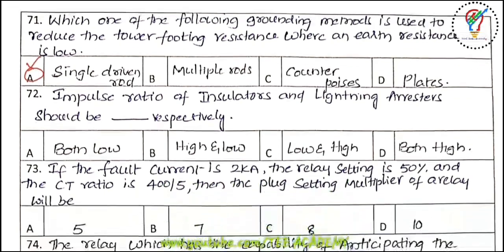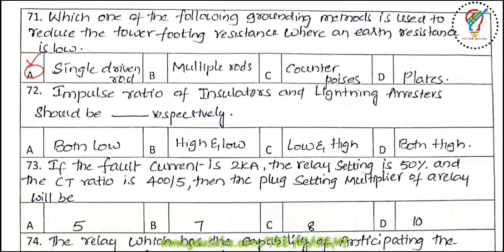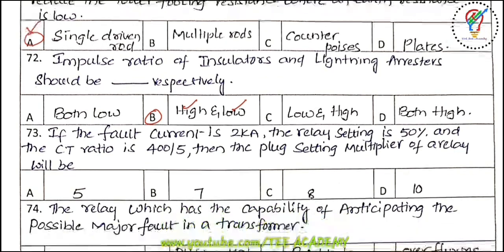Next one, the impulse ratio of insulators and lightning arresters should be, respectively. The impulse ratio of the insulator should be high, and the lightning arrester should have a low value. The options are both low, high and low, low and high, both high. So the correct option is B.